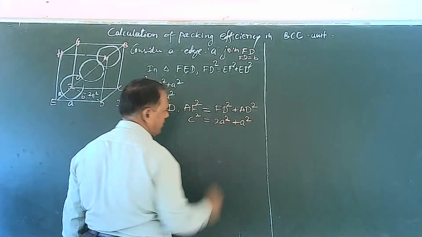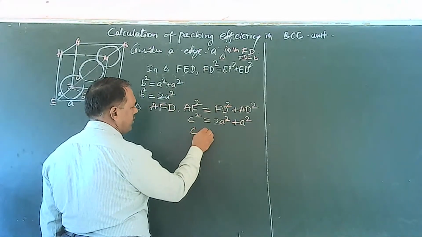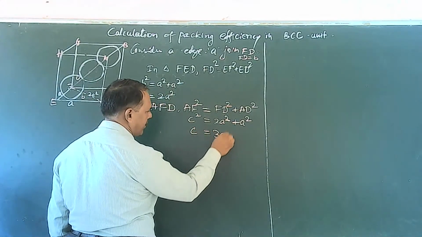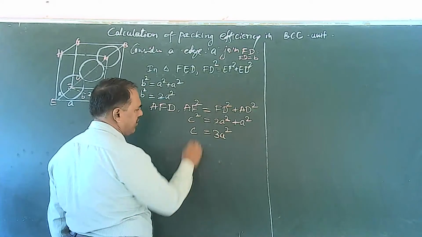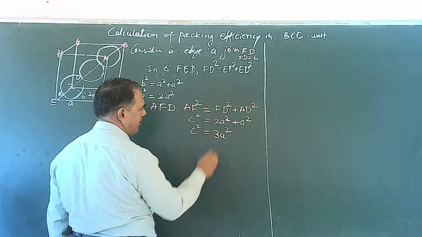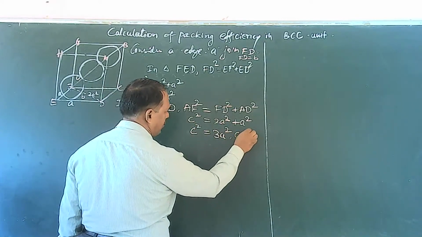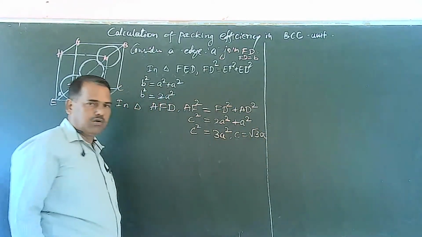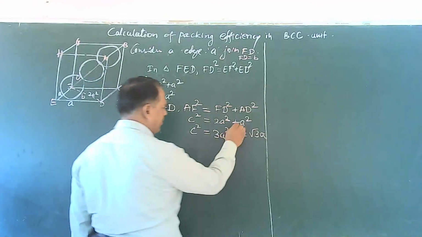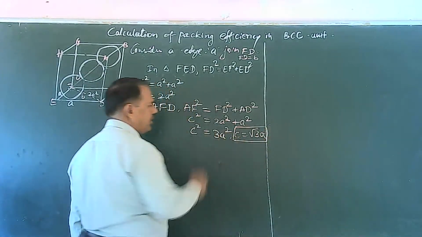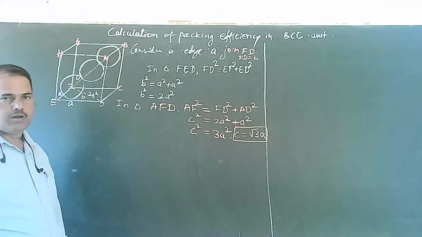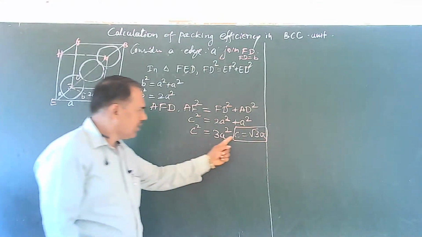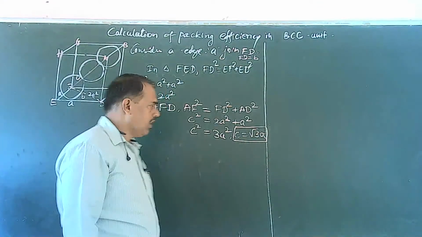Then AD square is A square. So you got C square is equal to 3A square. Then you got C is equal to root 3A. Are you clear? Understood? We got C is equal to root 3A.